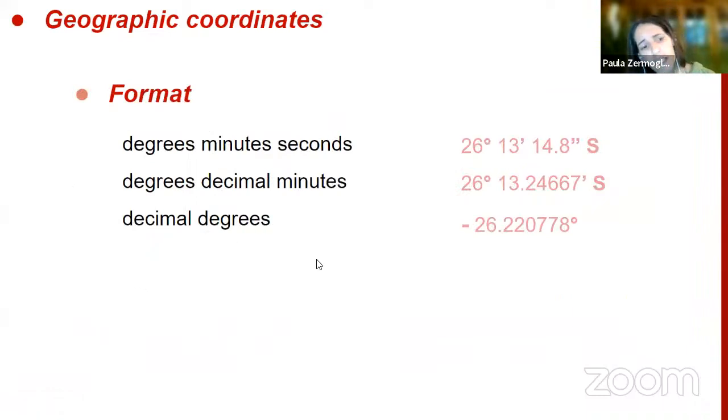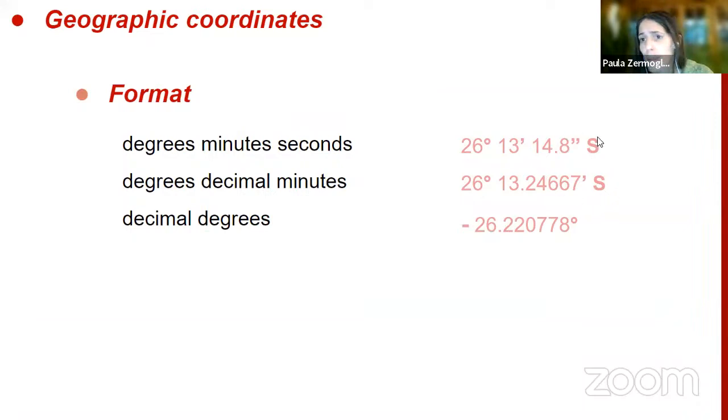Now, these coordinates, as you probably already know, can be expressed in different formats. One common format is degrees, minutes, and seconds. Another one is degrees and decimal minutes, and also decimal degrees. Here we have some examples: degrees, minutes, and seconds; degrees, decimal minutes. They are usually accompanied by a letter that signifies the hemisphere.